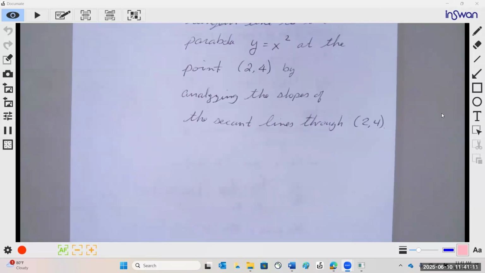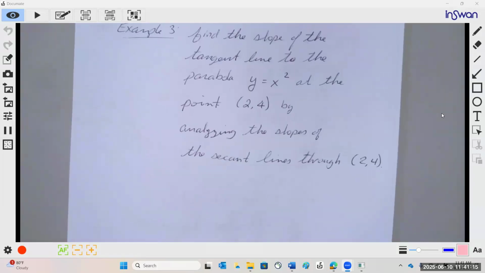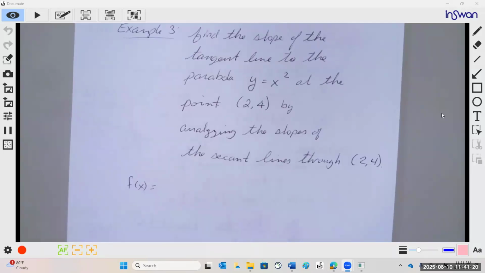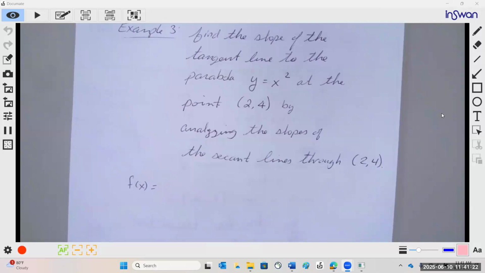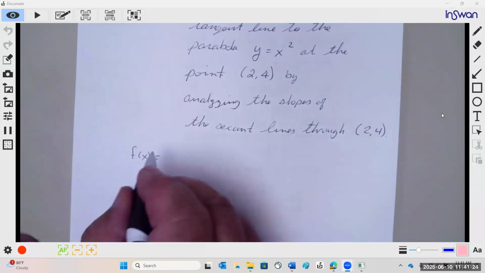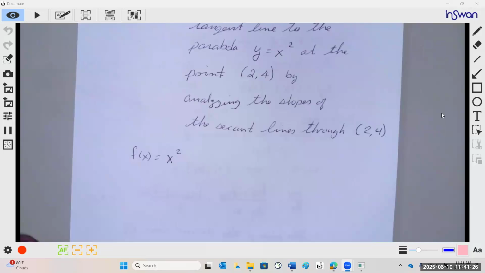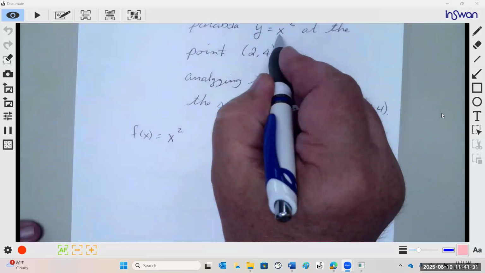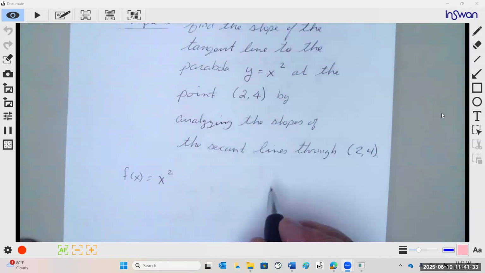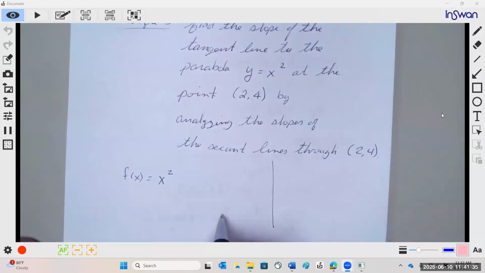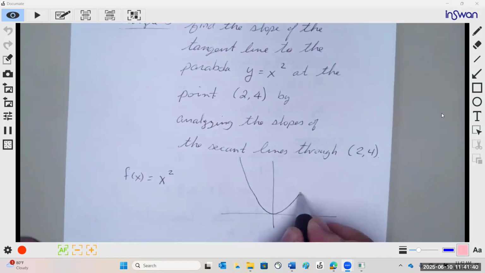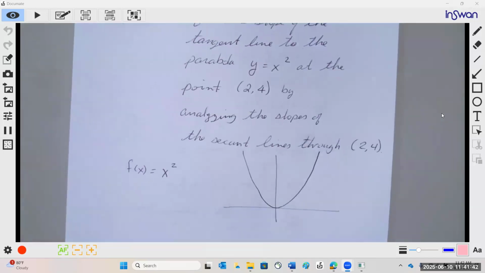So how do we do this? How do we start off doing this? We know our function. Our function's what? X squared. What's the graph going to look like to begin with? It's a parabola, x squared.